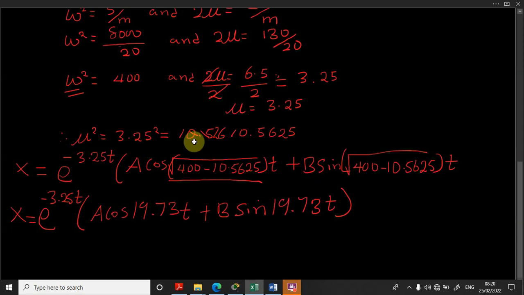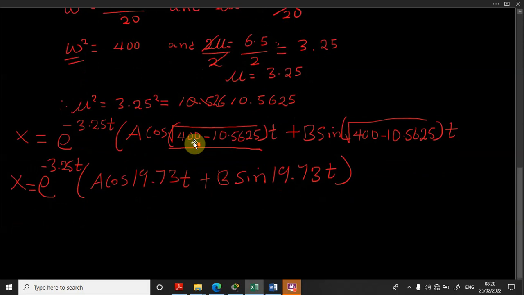Good. So this is the solution. Now we have to evaluate the constants a and b.